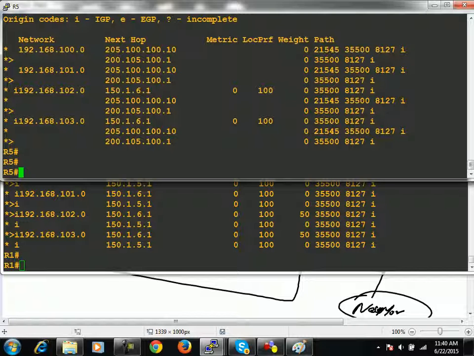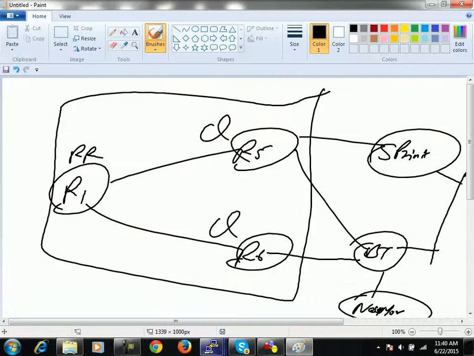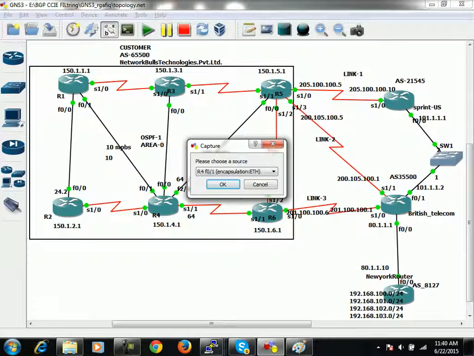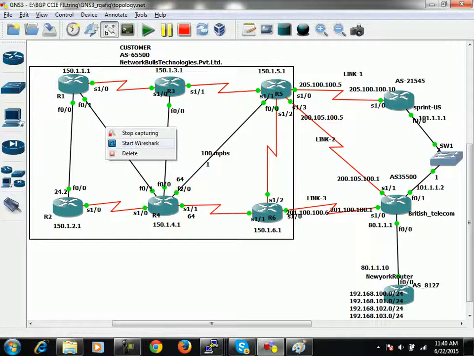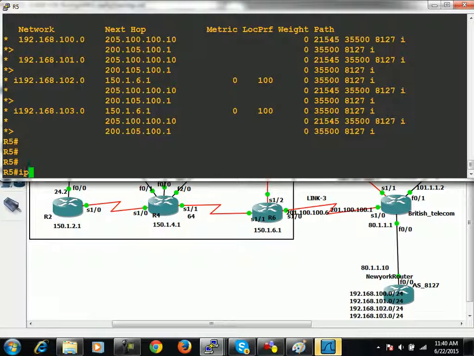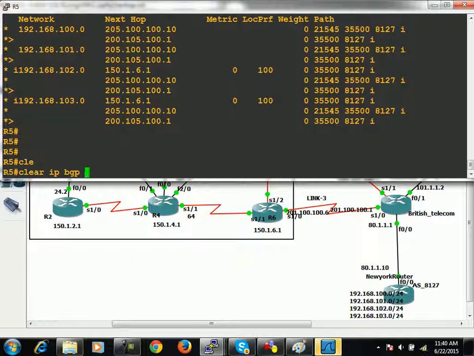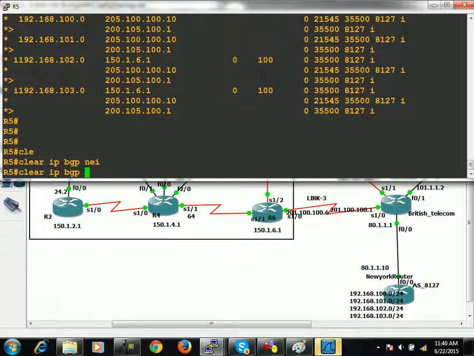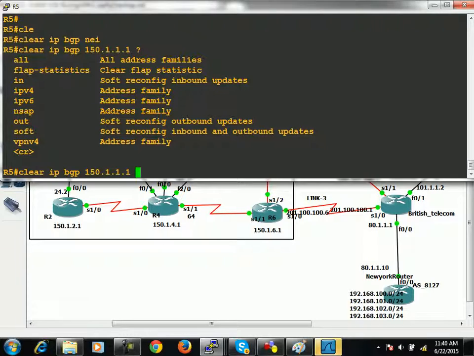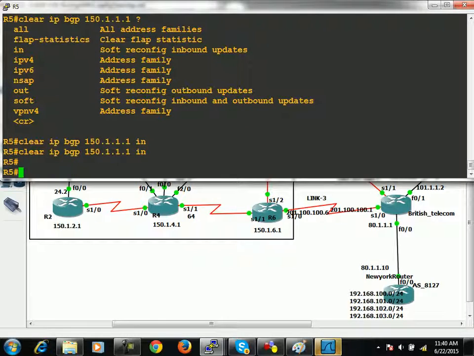Even we can check it out, right? What can we do? I will capture this link here, and then I will move back again on R5 and I'll say clear IP BGP neighbor 150.1.1 and then this particular neighbor.